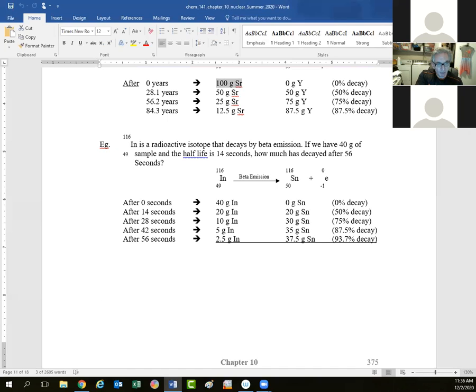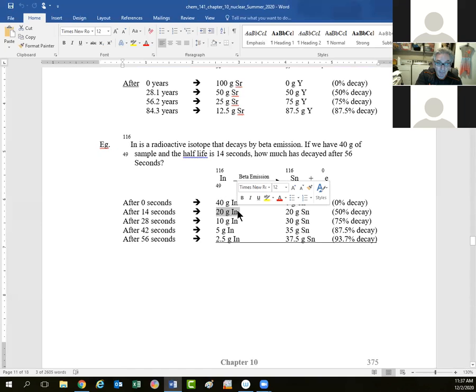One of the best ones used in medicine at the moment is indium-116. It has a half-life of just 14 seconds. So if we look at a sample of indium, let's say we start with 40 grams this time. After that half-life elapses through beta emission, just 14 seconds, we're down to just 20 grams.